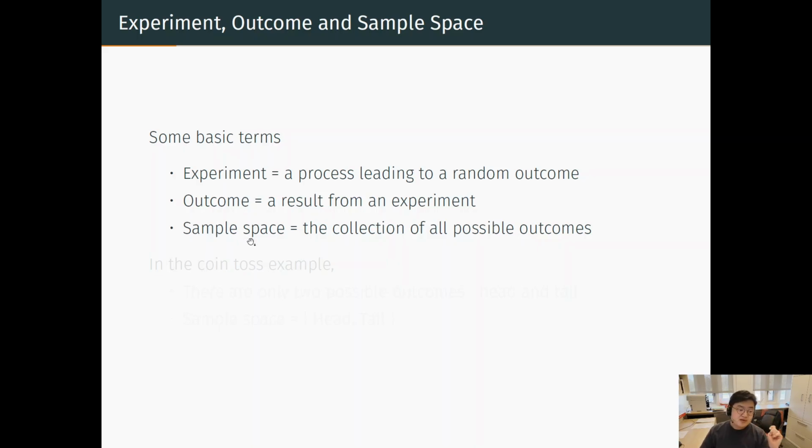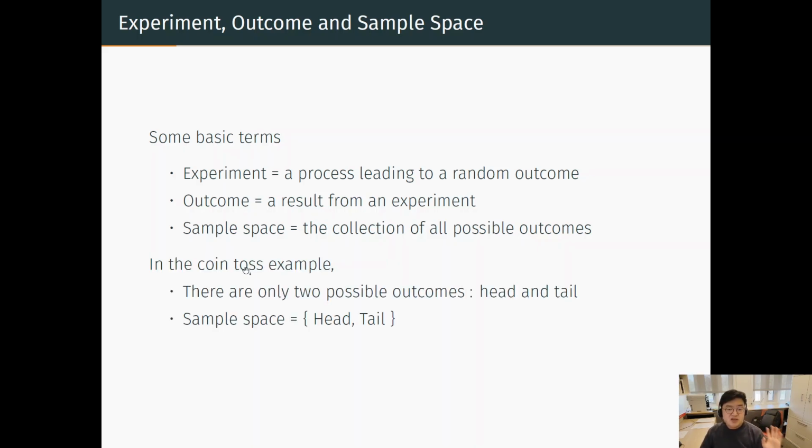That's the basic idea of how we define probability mathematically. In the coin toss example, which is pretty simple, there are only two possible outcomes, heads and tails. So the sample space is the set of heads and tails.